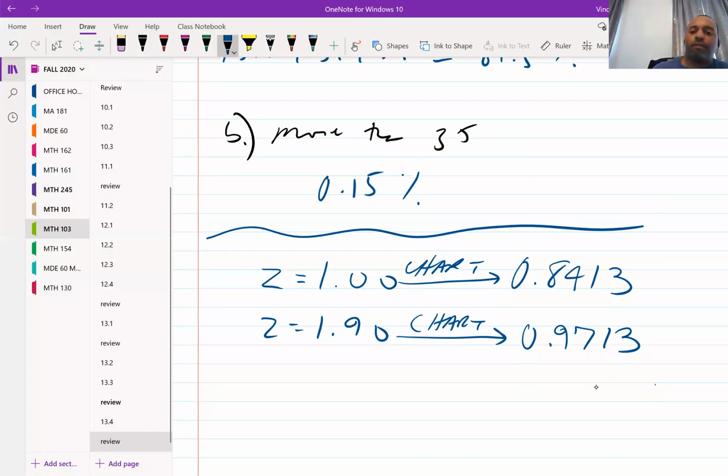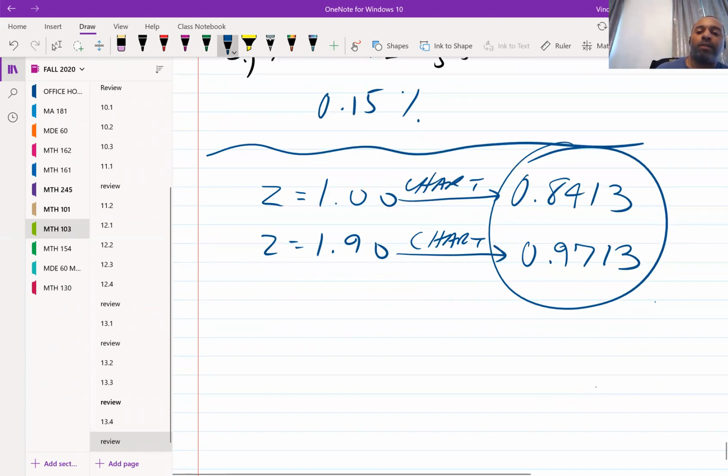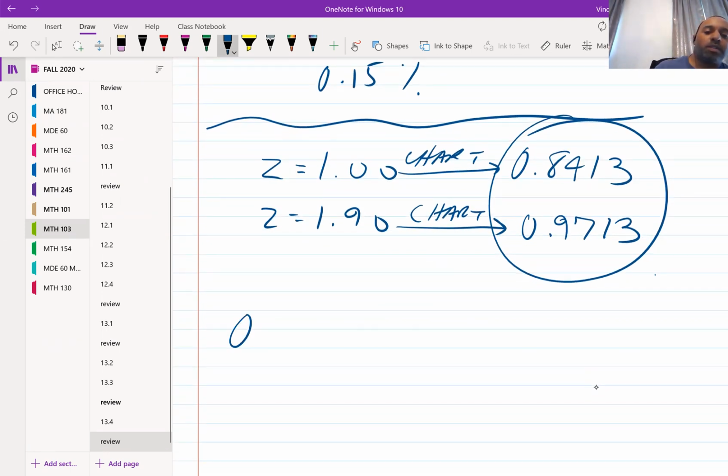Okay, so let me go back to my notes. These were the chart values that we pulled. If you remember, I told you there were 3 scenarios: either it's going to be less than, more than, or between. Now we're dealing with between. Since it's between, we take both of these values and subtract them from each other. Between means you're always going to subtract your chart values.